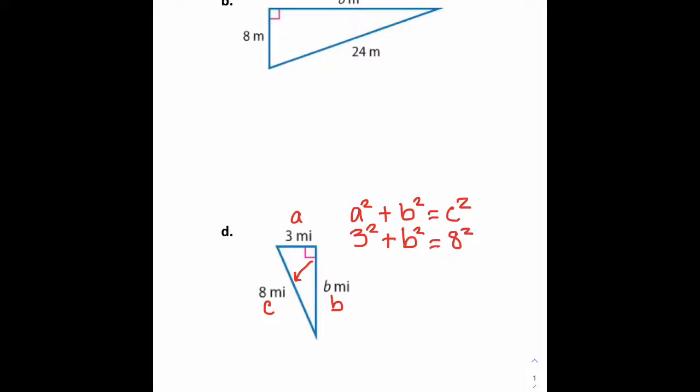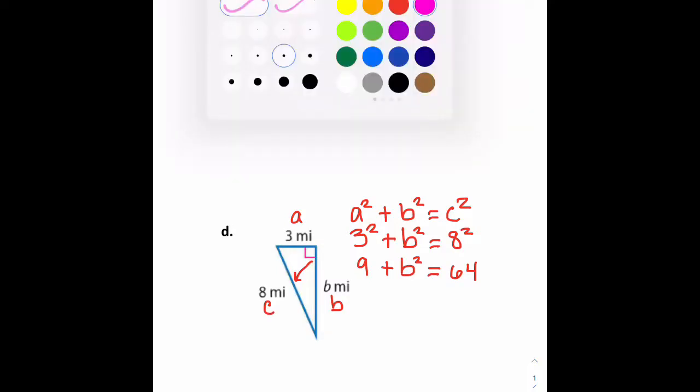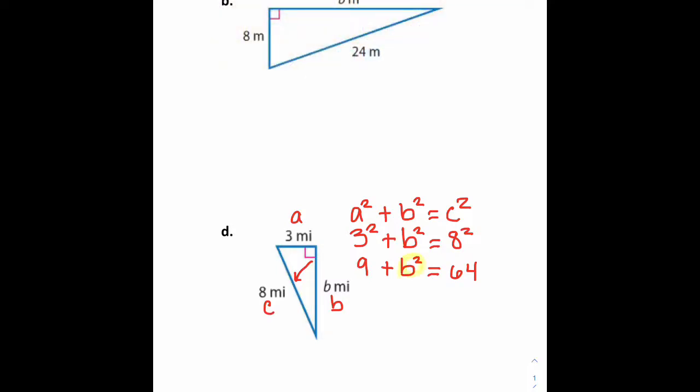Now we have to do our exponents first, so 3 times 3 is 9. We do not know B squared, we're going to leave that, and then 8 times 8 is 64. Okay, so now we've got to get B squared by itself, because we're solving for B this time, so we have to use our solving equation knowledge.